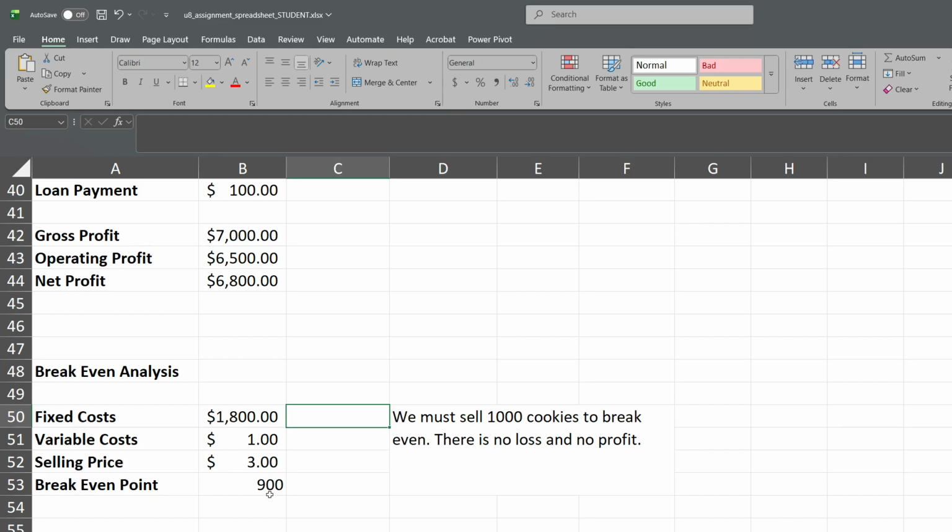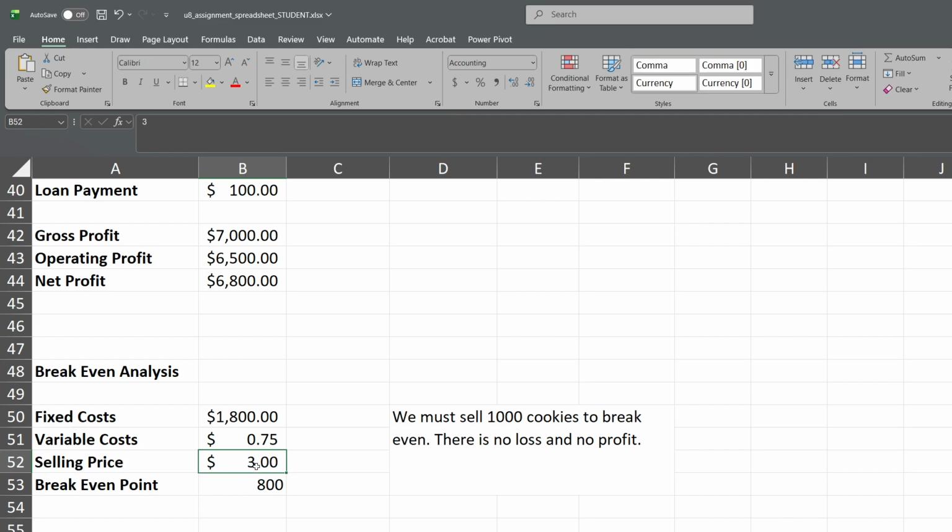But then I renegotiated my contract. Maybe it's with the supplies, the cookie dough, maybe the chocolate chips, whatever's in there. And I was able to get that to 75 cents. Okay. Now I can do one of two things.